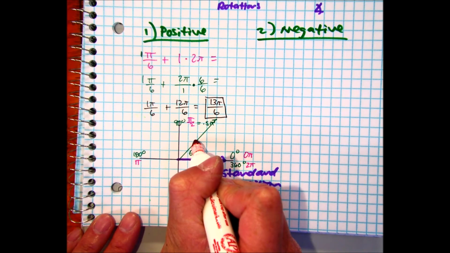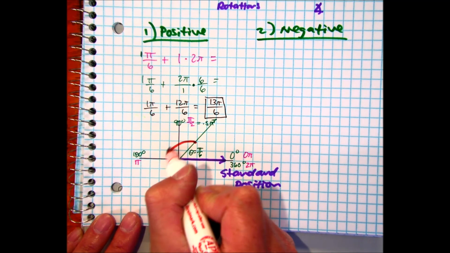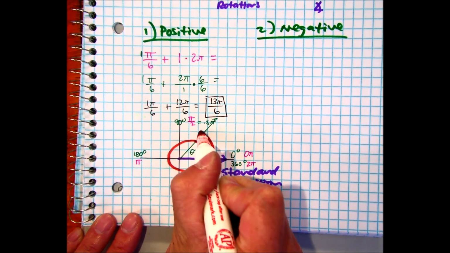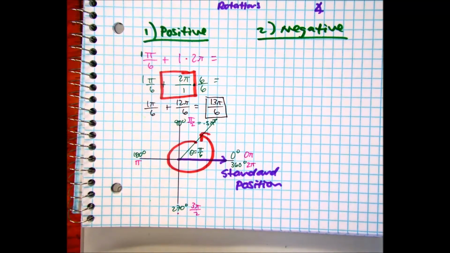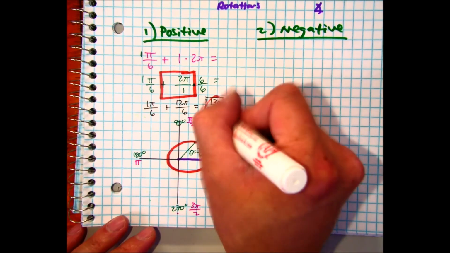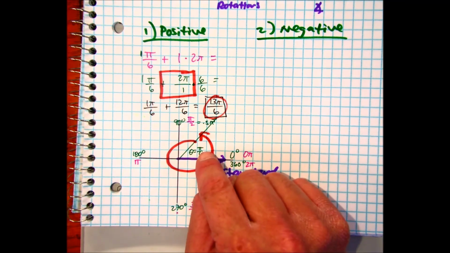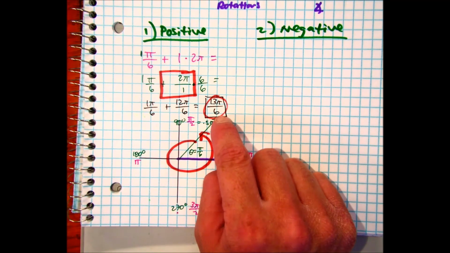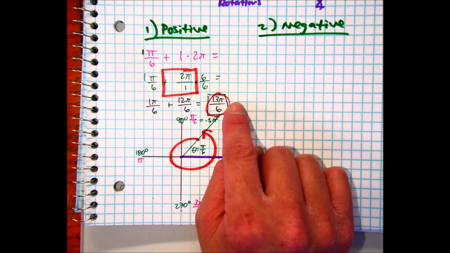Clockwise or counterclockwise? So if I do a full rotation, that's adding 2 pi, this will get me 13 pi over 6. Pi over 6 and 13 pi over 6 are coterminal angles. They're coterminal angles because they end up in the same position.